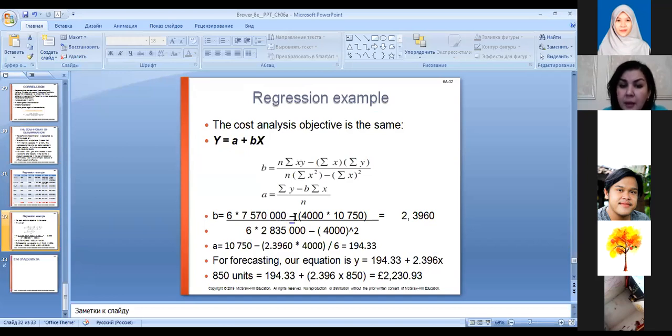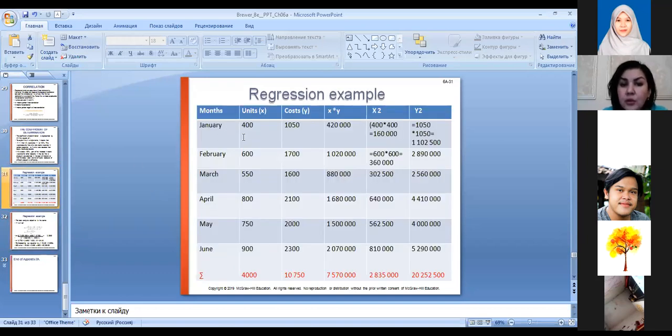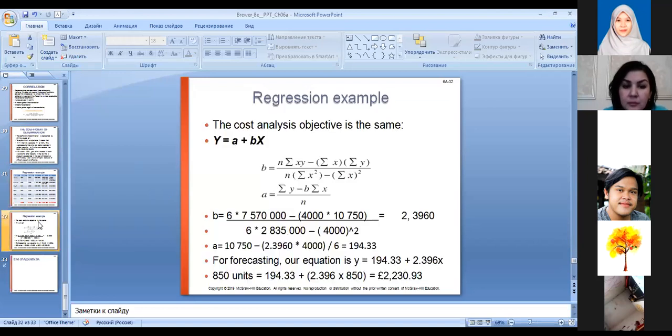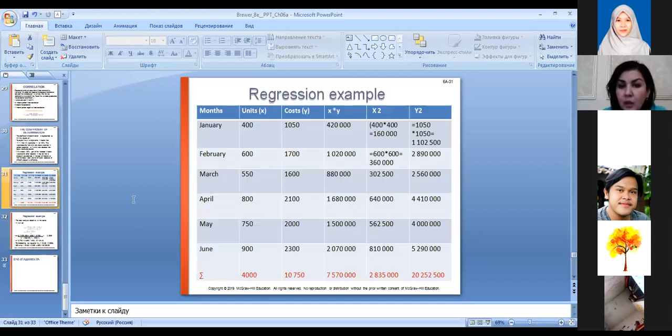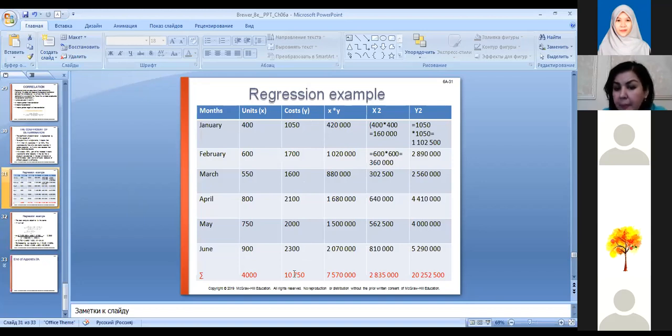Okay, let's put this value in this equation. 7,570,000 minus total sum of all x's. Okay, what is the sum of all x? This is 4,000. Okay, we write down 4,000 multiplied by total sum of y. We have here total sum of y, 10,750.